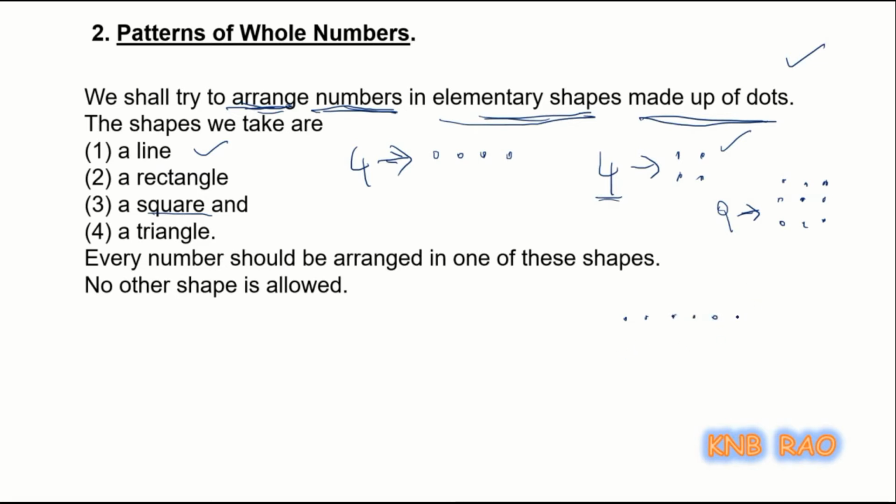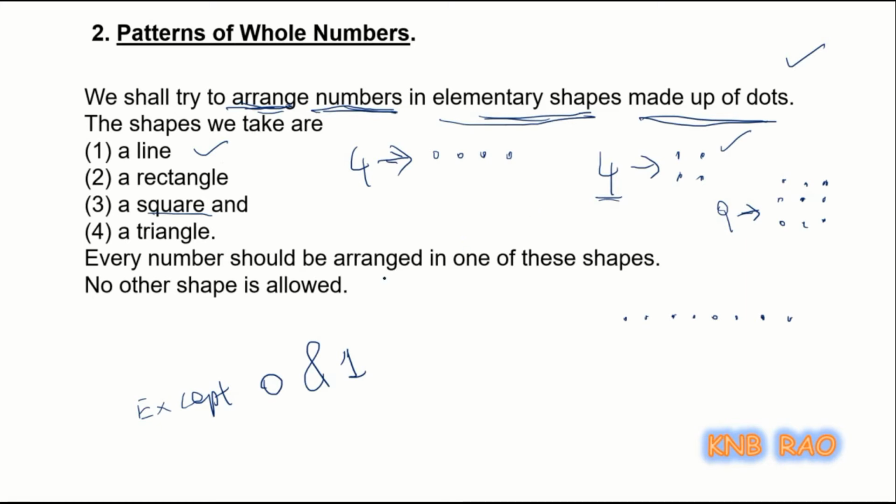Even 6 can be arranged as line. Even 7 can be arranged as line. 8 can be arranged as line. Okay. So amongst whole numbers except 0 and 1, that is from 2 onwards, we can arrange them as lines.